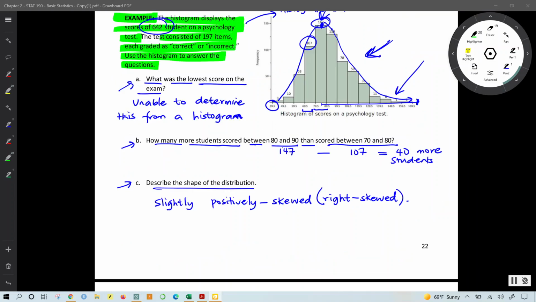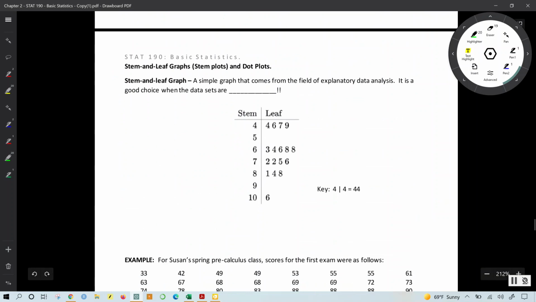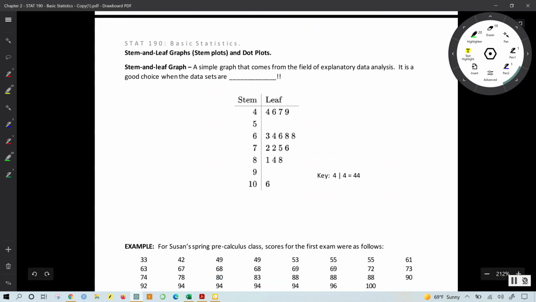So having learned how to draw a histogram and how to extract information from a histogram, we now proceed to another type of graphical display for a quantitative variable, namely stem and leaf graphs, also called stem plots. And then alongside that, we'll consider a fashionably interesting one called dot plots, which are very similar to stem and leaf graphs.